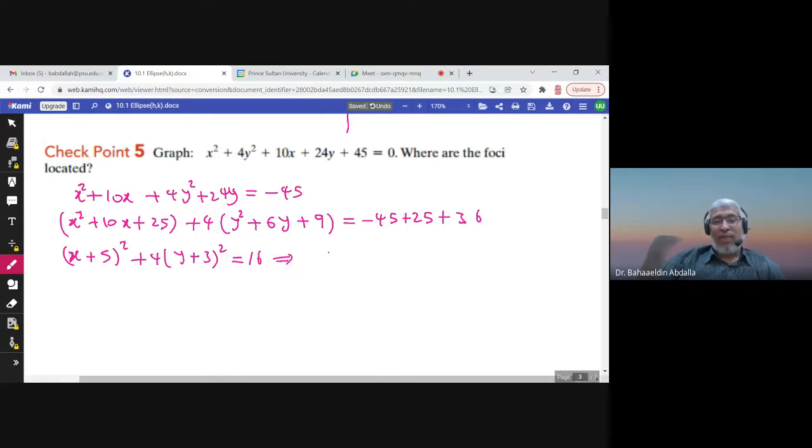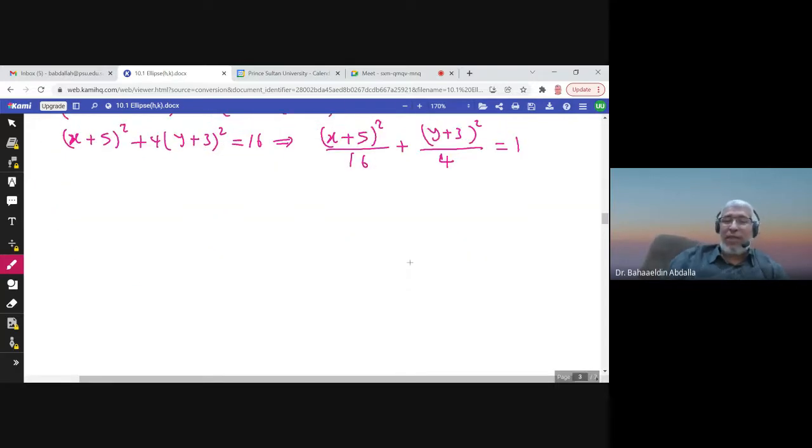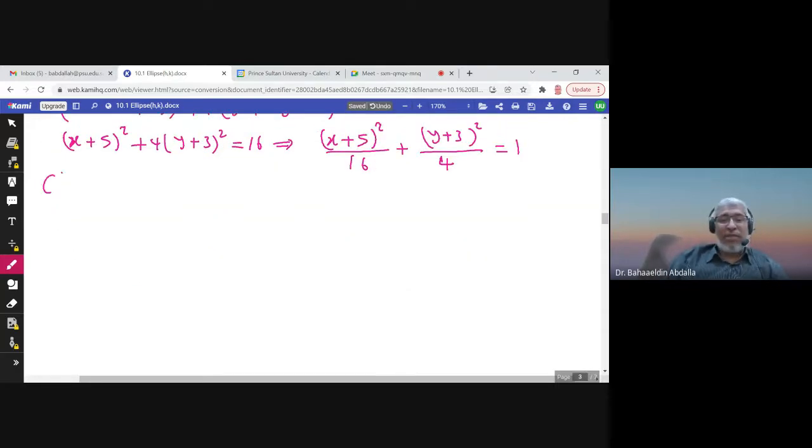Now divide by 16. So (x plus 5) squared over 16, (y plus 3) squared over 4, equals 1. The center of the ellipse is -5 and -3.